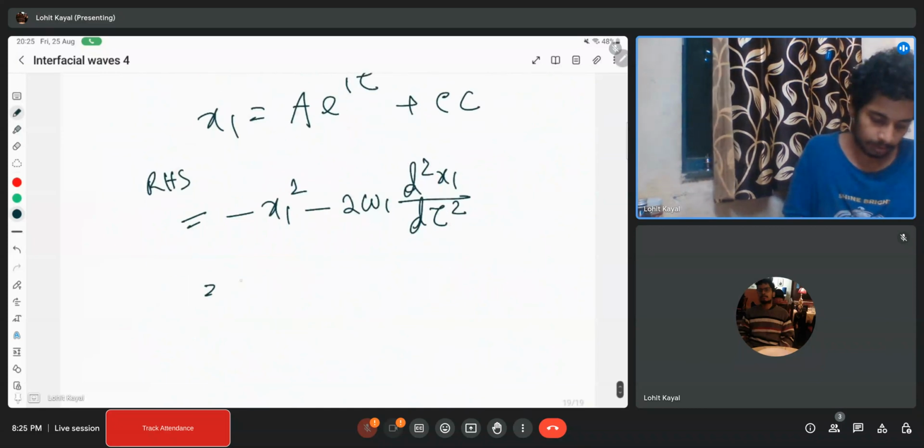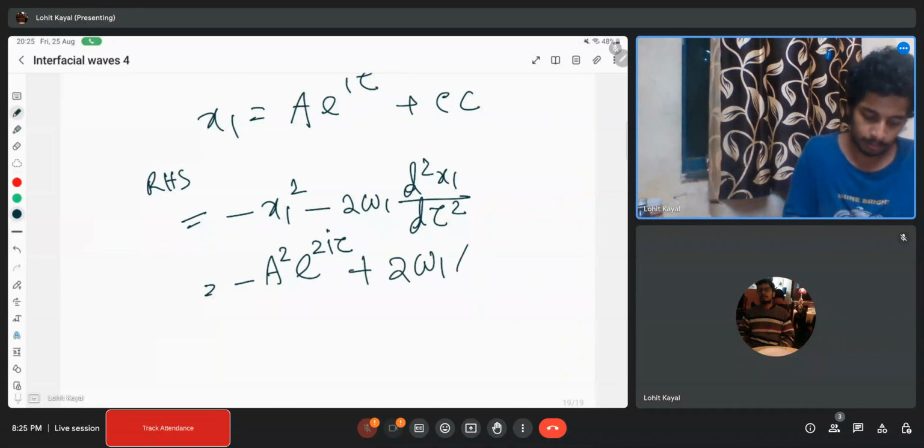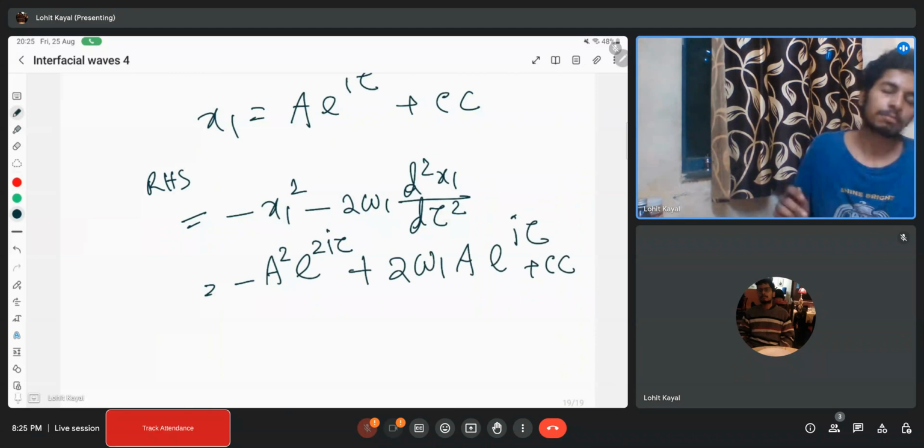So it will be minus a square e to the power 2I tau, plus 2 omega 1 a e to the power I tau plus the complex conjugate term.